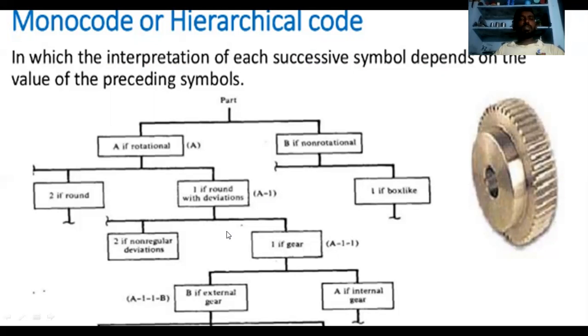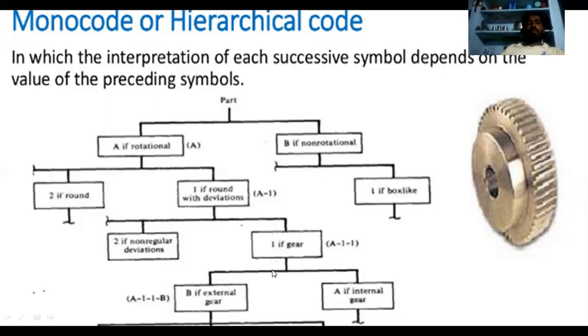Round with deviation again has a further classification. If it is a gear, we can choose A-1-1. If it is non-regular deviation, again we can choose A-1-1. So the code combines round with deviation and gear.